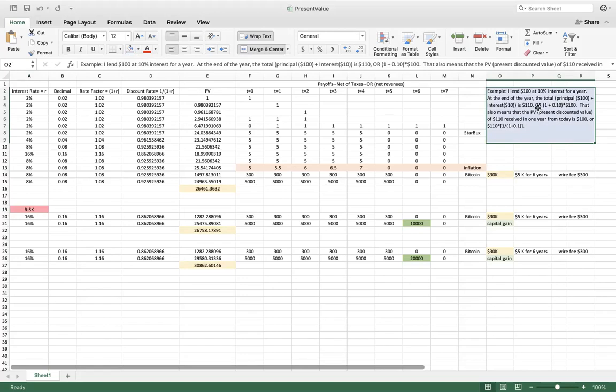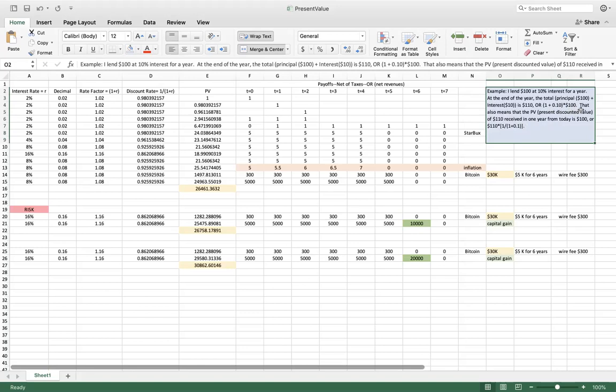Or you can calculate that by multiplying 1 plus the interest rate, 1 plus 0.1, times the original principal amount. So if I lend $100, I expect in a year to get back 110, but that also implicitly means that a $110 promise a year from now is worth $100 today.